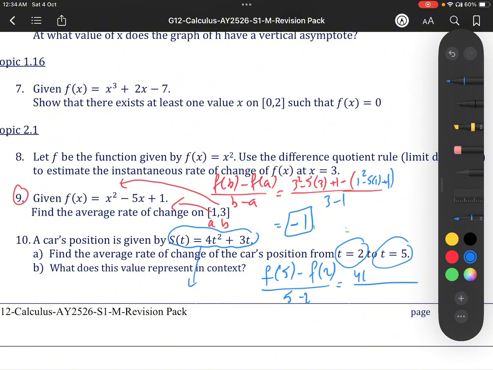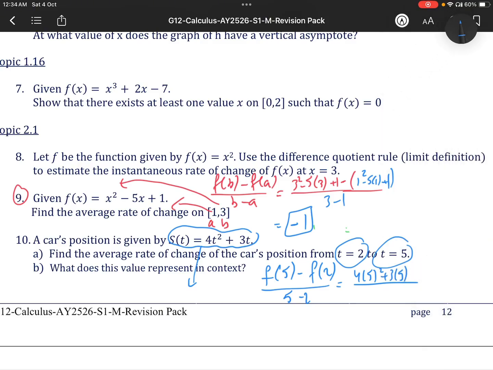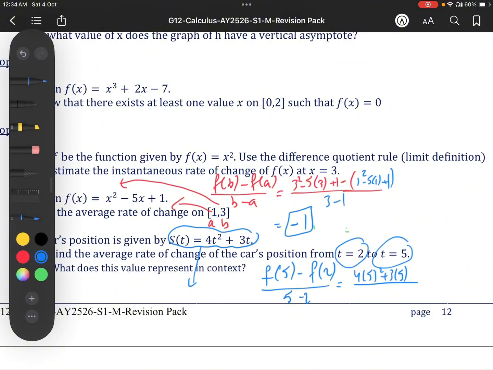It will be 4, 5 square plus 3 into 5 minus bracket, replace 2, 4 bracket 2 square plus 3 into 2. We'll divide by 5 minus 2, 3. And the answer is 31.